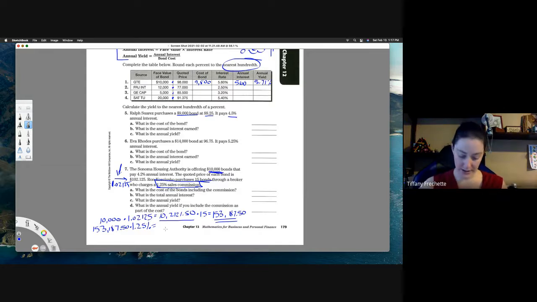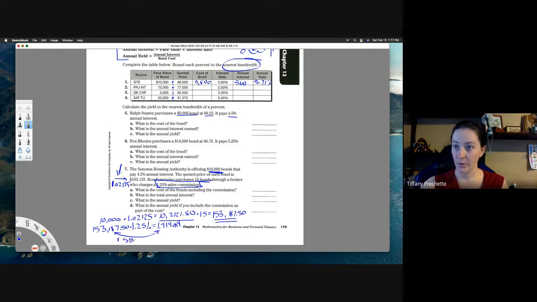So we end up with, let's see, sorry, losing my place here. 1,914, and I'm going to round this off, 84. So this is the commission, and we want to add these two back. So I need to add these two together for my total price.